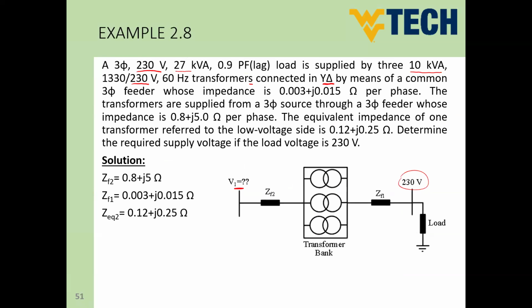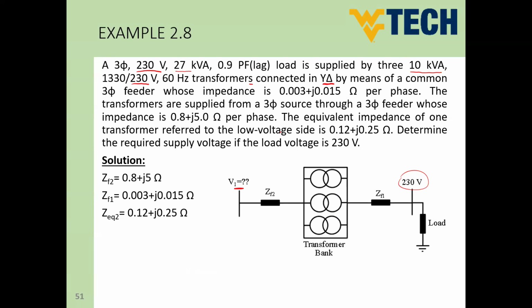If you read the question here, guys, do we have anything that requires the primary connection to be Y? If we read the example again, we don't have anything that says the primary winding has to be connected as Y, because we don't know the supply volt.